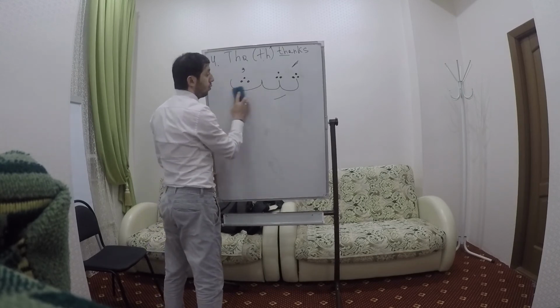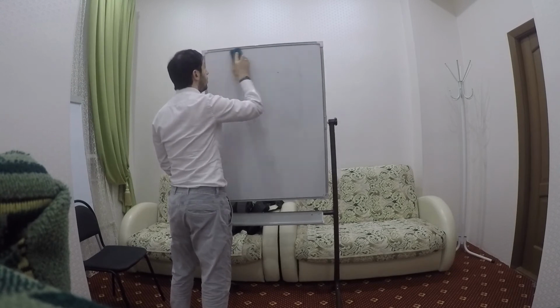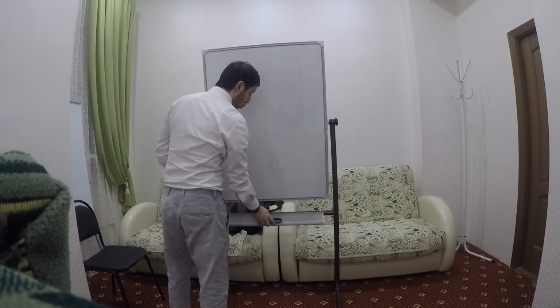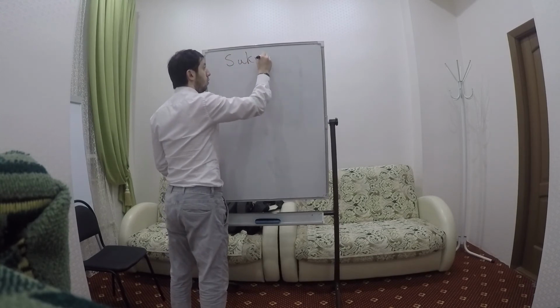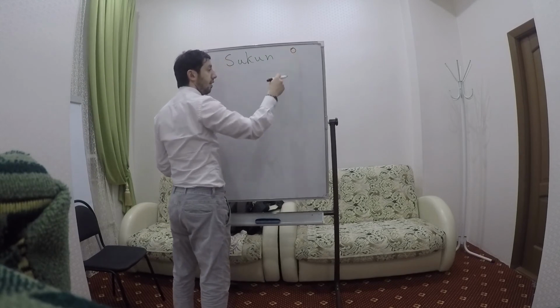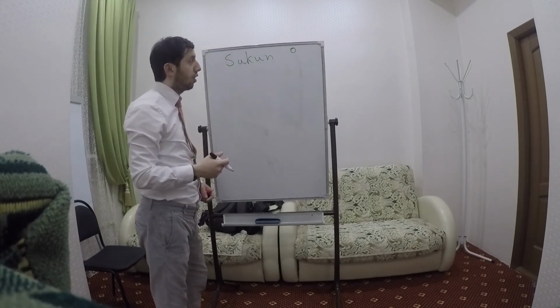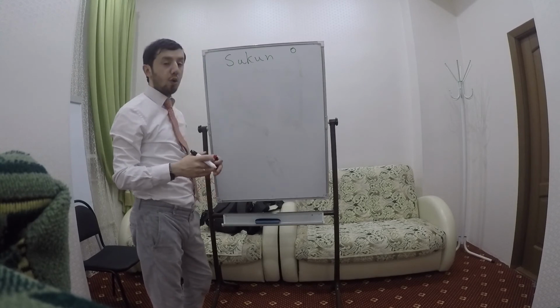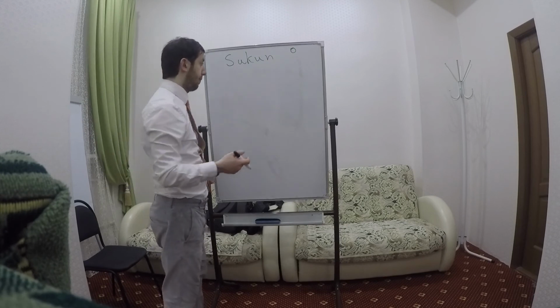And I want to explain to you sukun. What is sukun? Sukun is like this sign. It's like a circle sign, a middle circle sign, which should always be over or on the letter.